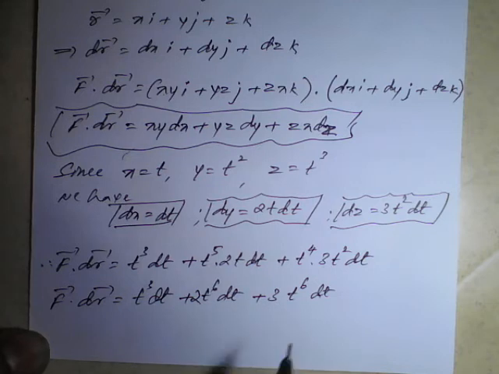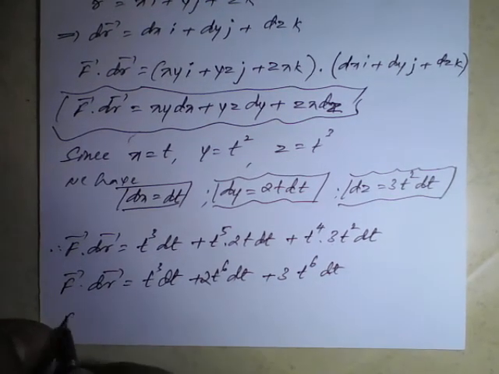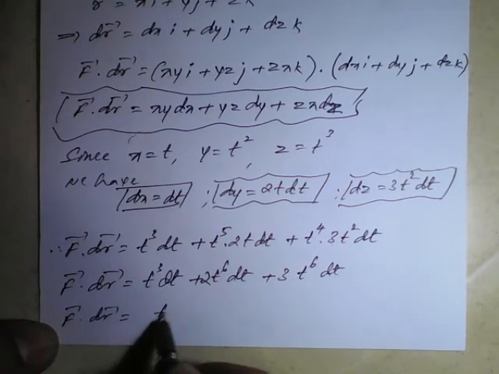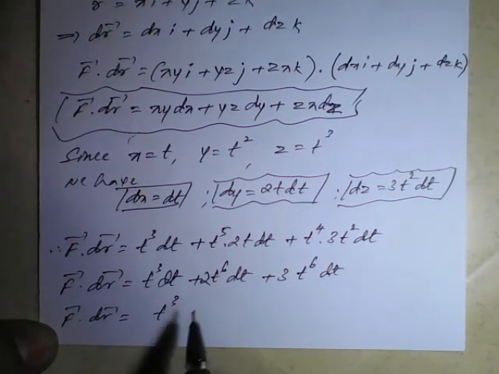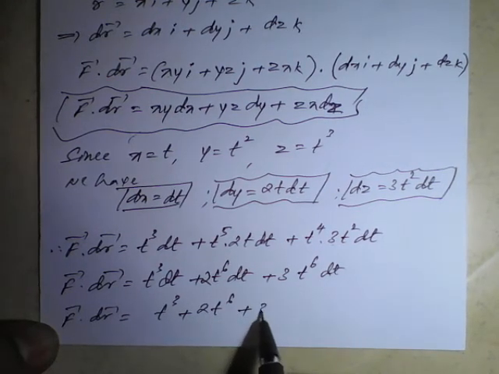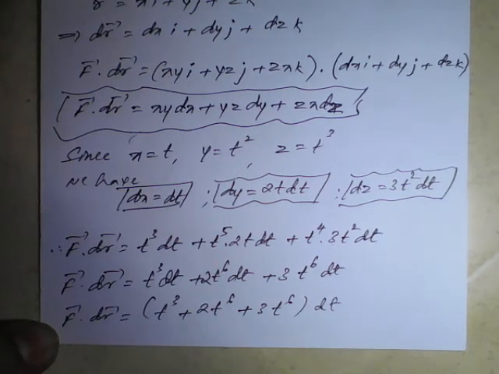So we can see here dt is common, so therefore vector F dot dr will be t cube plus 2t raised to 6 plus 3t raised to 6 dt.